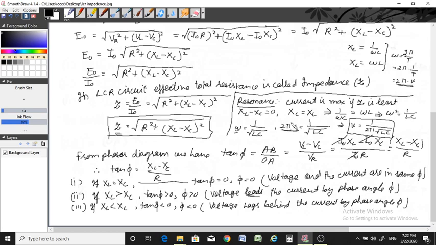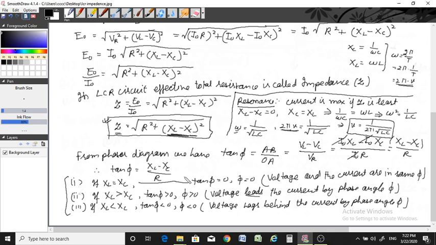That is the whole derivation regarding the LCR circuit. First, this is the impedance, and these are the three cases according to this key term, which can be 0, positive or negative.